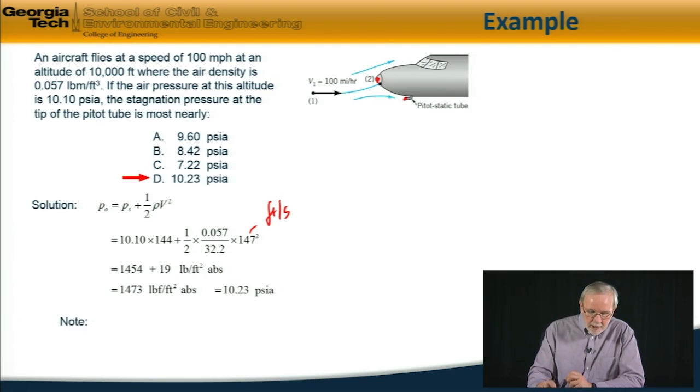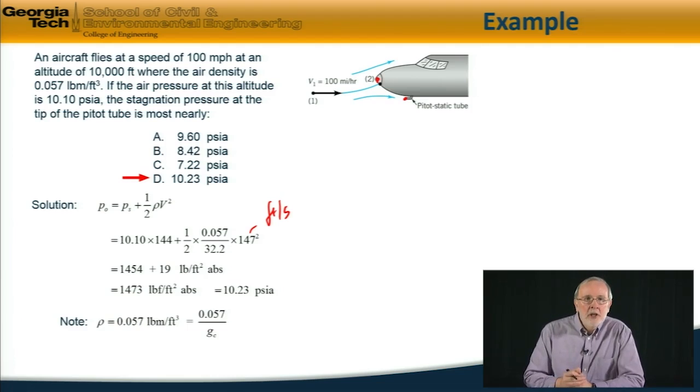Now, also note in this example that the density was given in pounds mass per cubic foot. So to work this correctly, we have to divide that by the universal acceleration due to gravity, gc, which is 32.174, and it has these units.